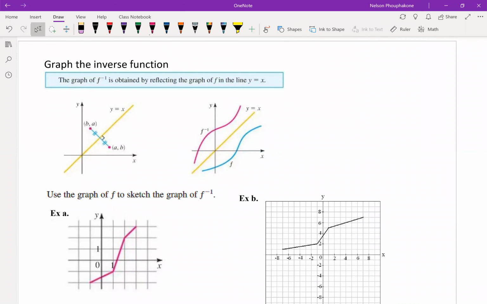Now, the idea to graph the inverse functions is this: if the point (a, b) is a point on the graph of f, then (b, a), again we interchange x and y, must be a point on the inverse.